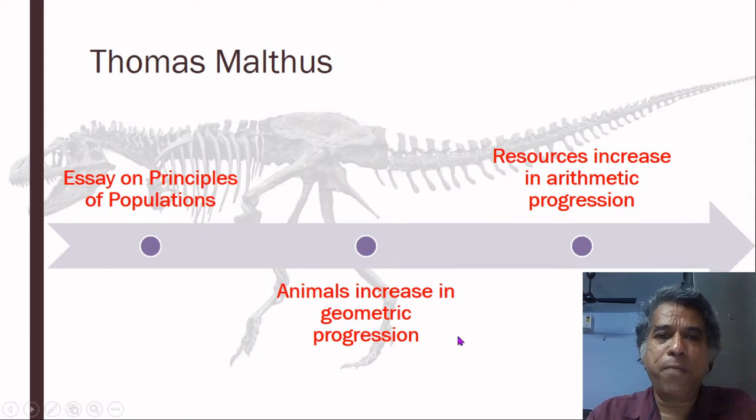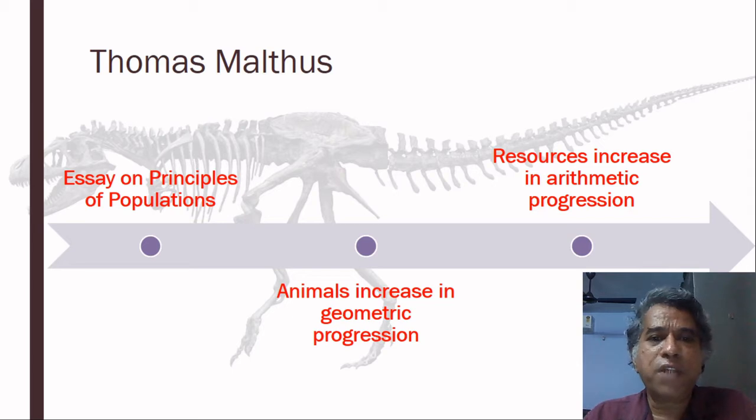That means animal populations increase in 1, 2, 4, 8, 16, 32, 64 like that. Whereas resources like food materials will increase in arithmetic progression. That means resources will increase in 1, 2, 3, 4, 5, 6 like that, in that fashion. As a result, there will be a tremendous gap between the population and availability of the resources.